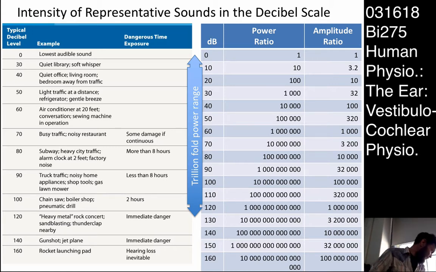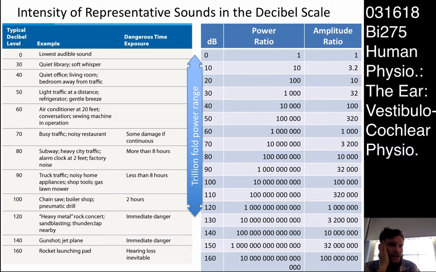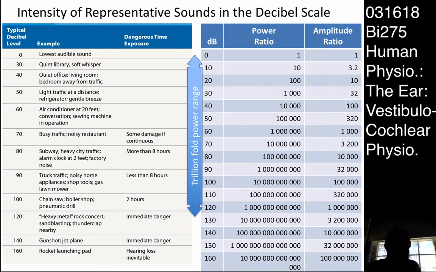Okay, so the ears. I've waxed poetic about the eye for 2 lectures, but let me just give the ears their due. There is no other organ in the body which has the same dynamic range as the ear.